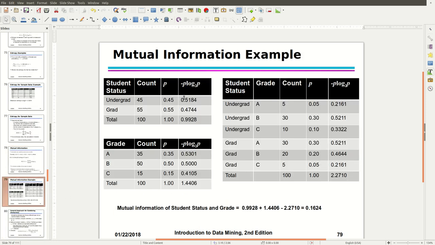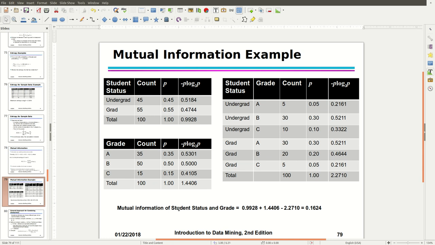We have an example, and this is student status, undergraduate students and graduate students, and we have grades, and we also have joint information, with undergrads having A, 5 of them, and that is calculated to be 0.2161. So this is the joint entropy, and these are the entropies of each case.